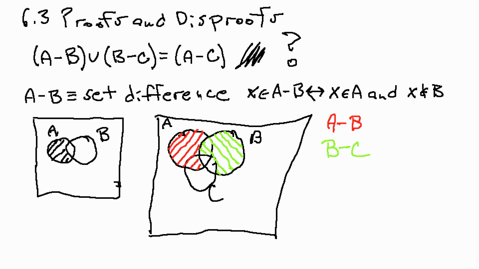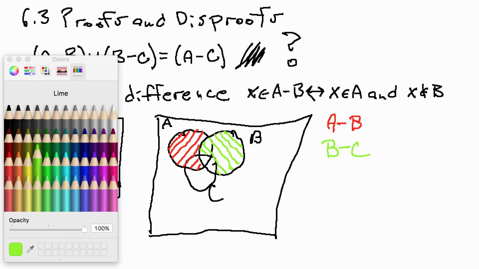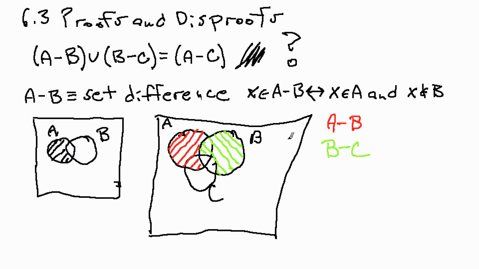Okay, so now the question is what is A minus C? And again, we go to a different color. Why don't we pick blue? Well, whatever's in A that isn't in C is going to be all of this.